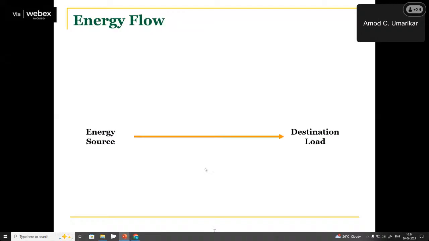So as I said, energy flow. There is an energy source and there is a destination load. What are the phenomena which happen when energy gets transferred from source to load? What happens?